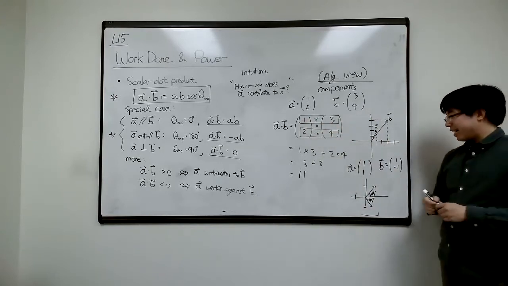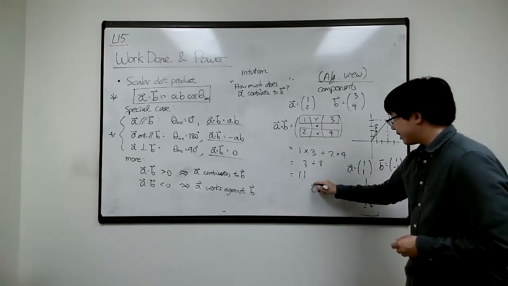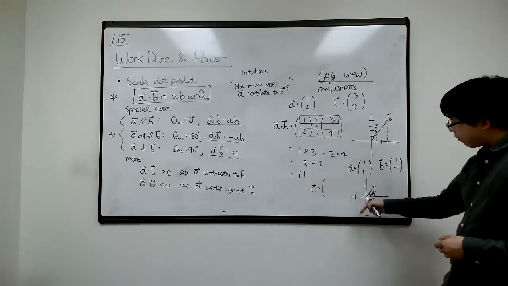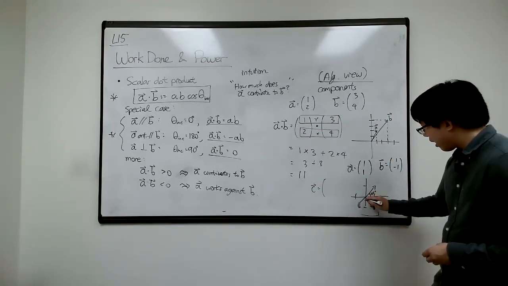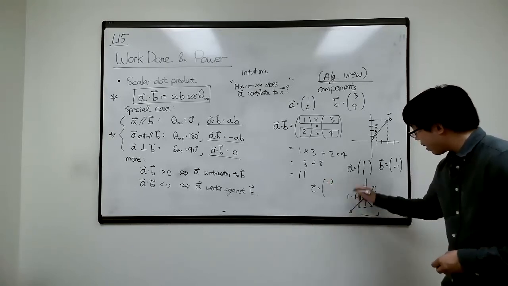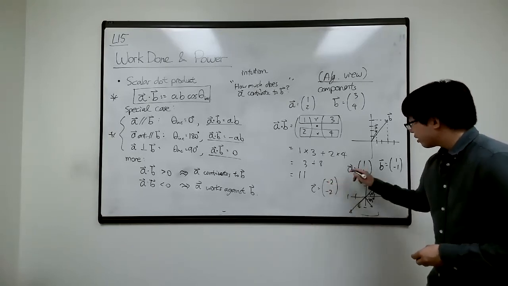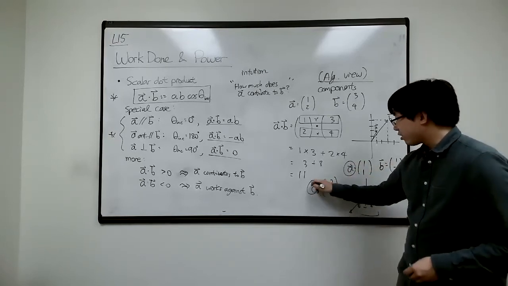Okay, and you can choose one more where, let's say, C is the opposite of this. Let's make it even longer, so let's say it's -2 and -2. Can you do A dot B and also A dot C?